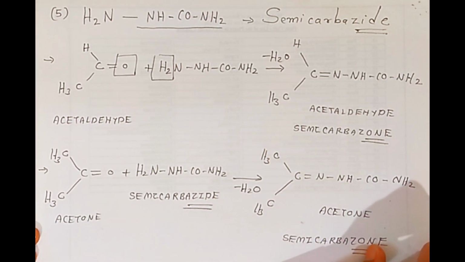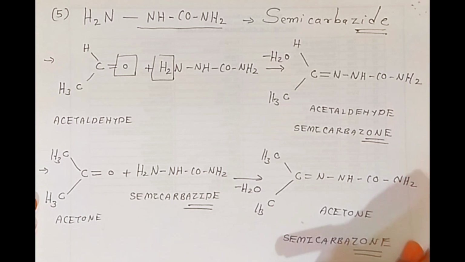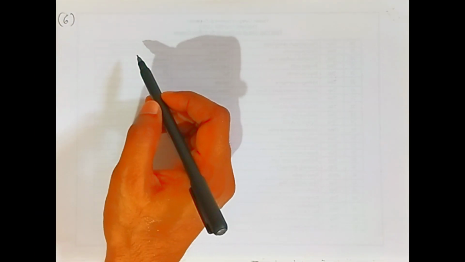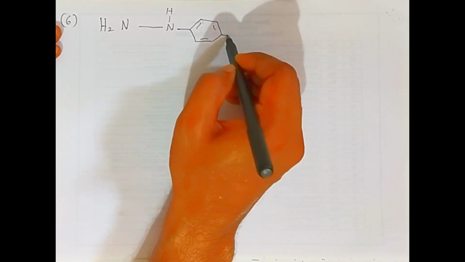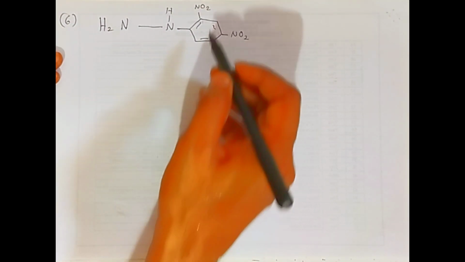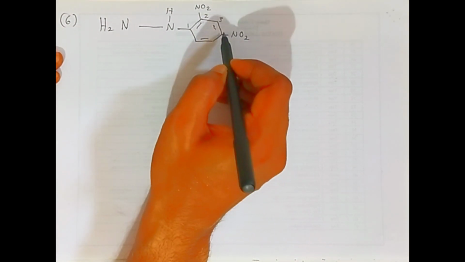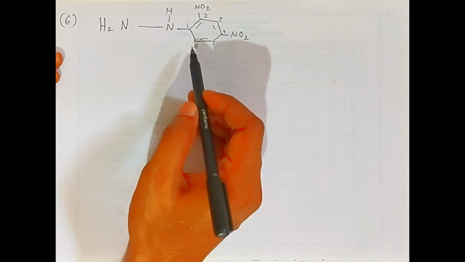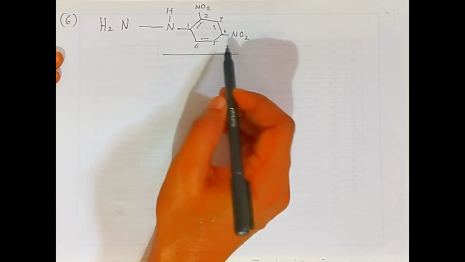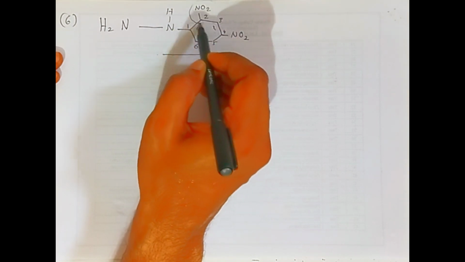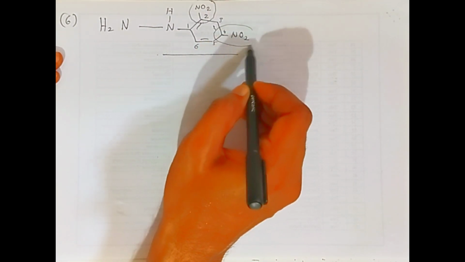Now students, the last ammonia derivative that we are going to see here, the sixth one, is 2,4-dinitrophenyl hydrazine. Students, this is carbon 1, 2, 3, 4, 5, 6. At carbon number 2 you have a nitro group, and at carbon number 4 you have a nitro group.